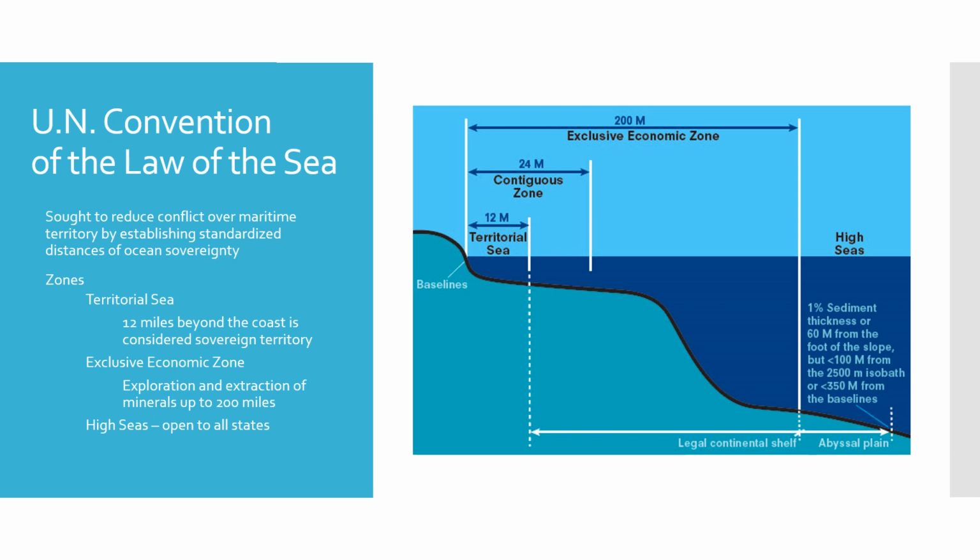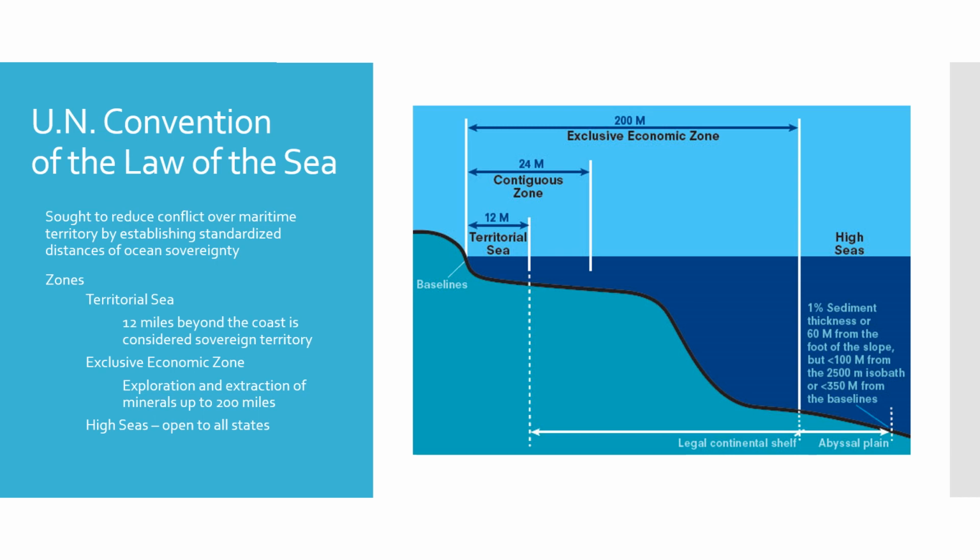And then after that, the high seas are open to all states. Now, the problem with the high seas is that if some sort of crime happens, say piracy, there is not an ocean police. There isn't someone out there to stop all these crimes from happening. It's up to sovereign states to take the lead to police the water, not for their own control, but for securing the freedom of the seas.